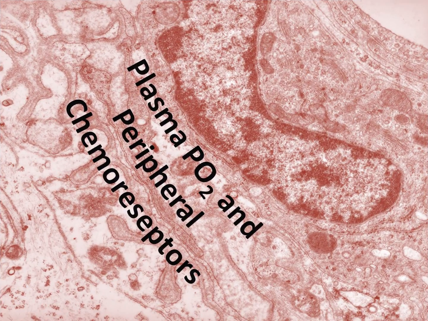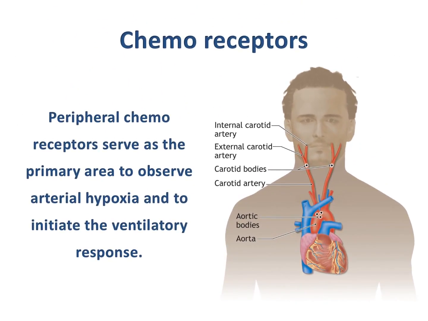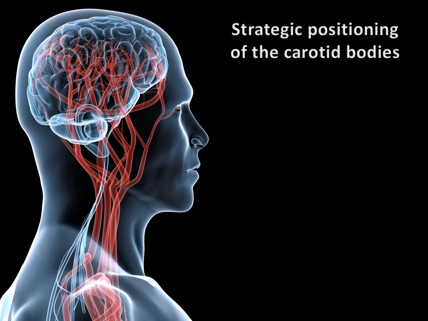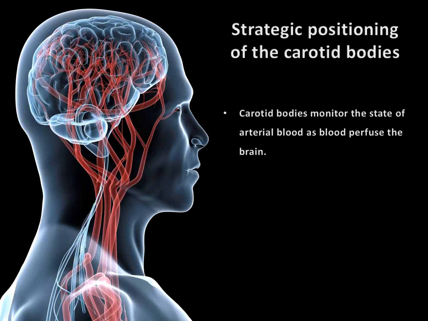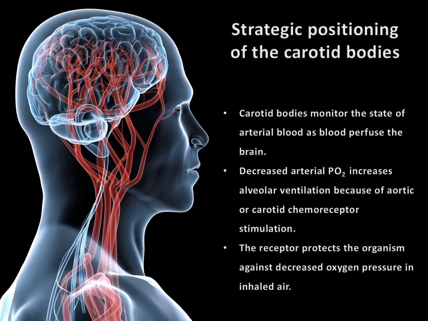What influence do oxygen levels exert on ventilation? Hypoxia, or low oxygen, is observed by peripheral chemoreceptors that initiate a ventilatory response. Of all the chemoreceptors, the carotid chemoreceptors are very strategically positioned as they monitor the blood that perfuses the brain. This protects you against a reduced oxygen pressure.